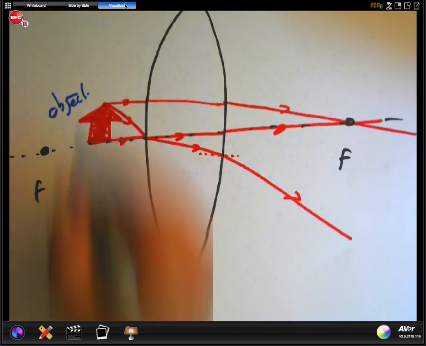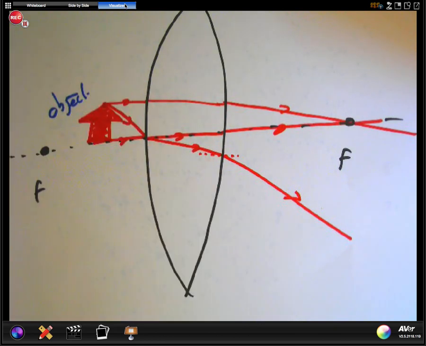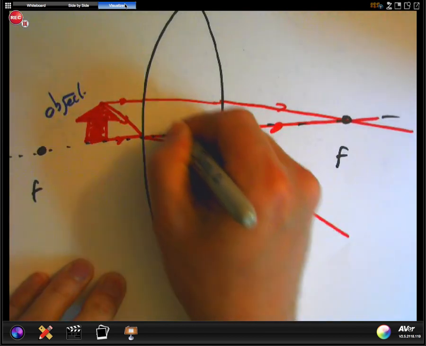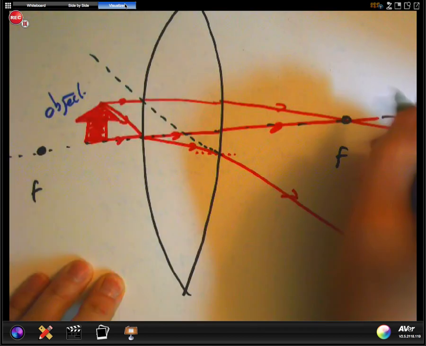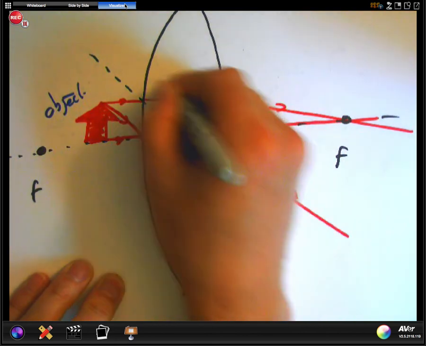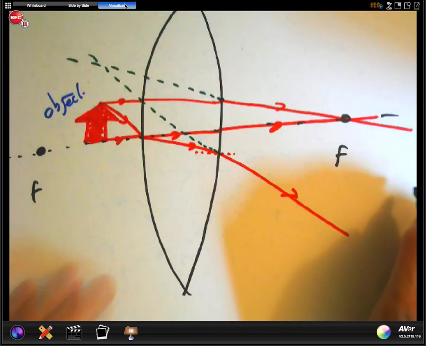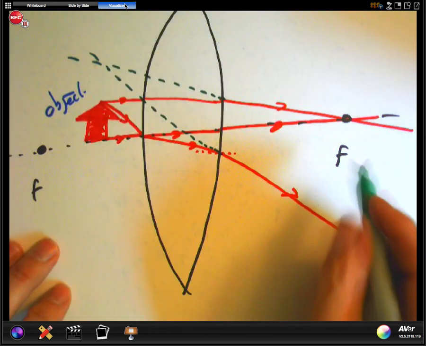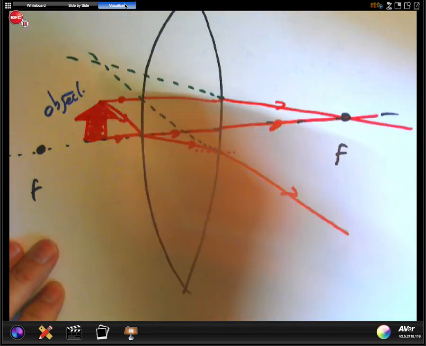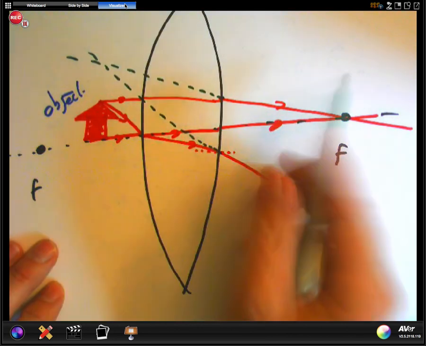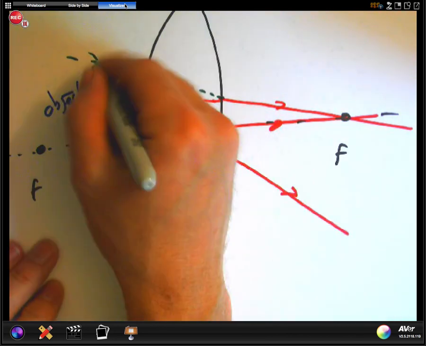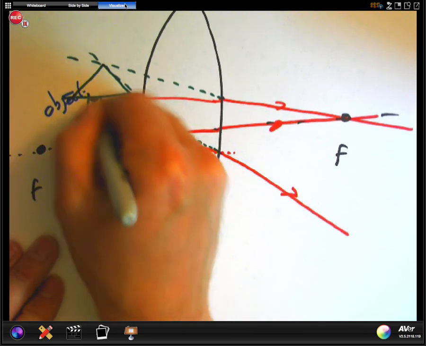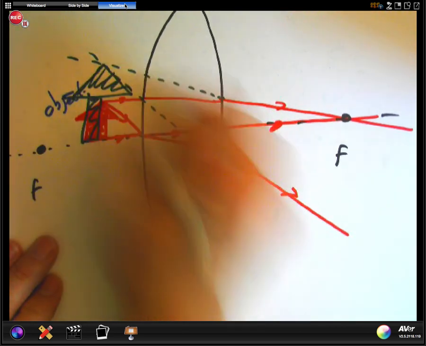And so if we trace these lines back, just like this, our brain says this appears somewhere along this line, this appears somewhere along this line. And hopefully what you see is we see a virtual convergence of the light. So again, if we use rulers and protractors and we drew these lines nice and straight, that one's not very straight, but we see that we have a virtual image here.